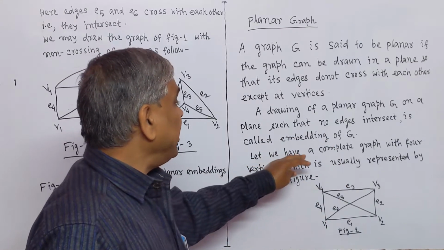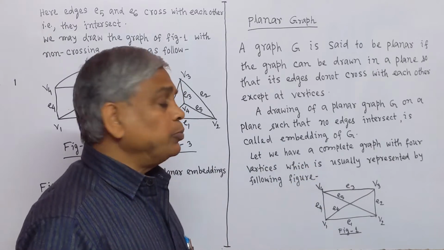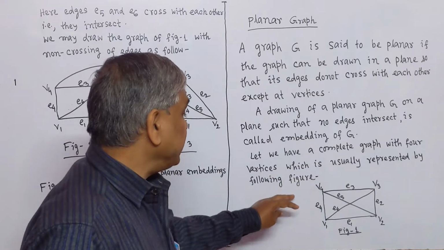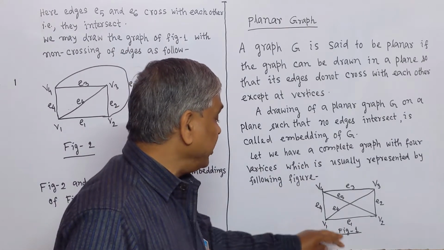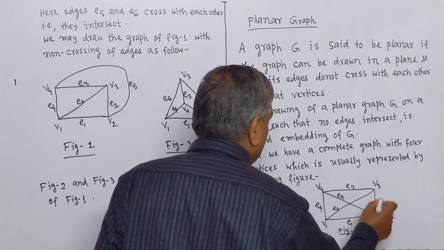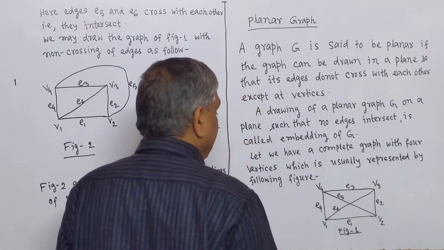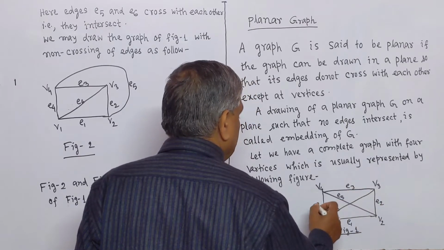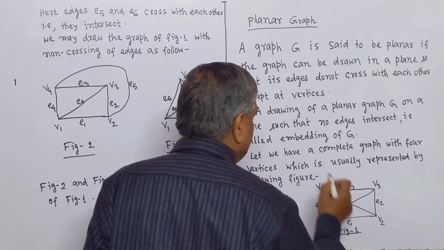Let we have a complete graph with 4 vertices, which is usually represented by the following figure. This is figure 1. Here we have vertices V1, V2, V3, V4 and edges are E1, E2, E3, E4, E5 and E6.